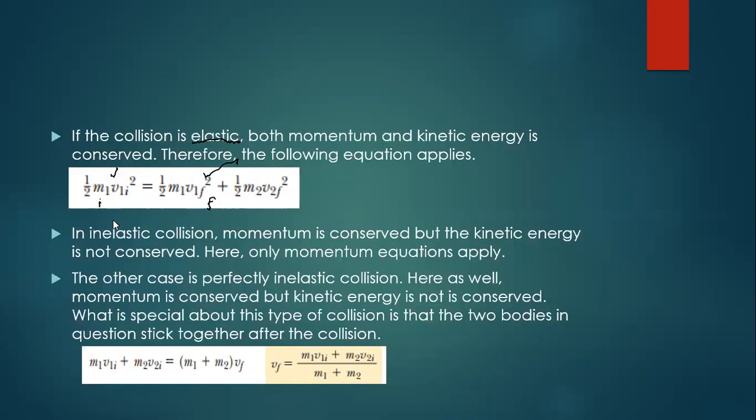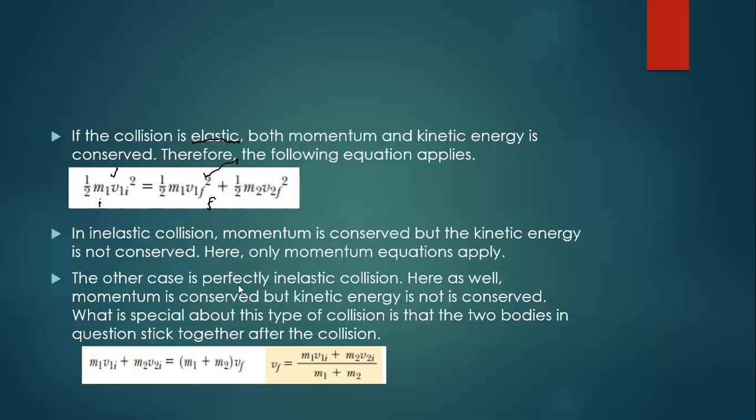But that's what we are saying. We are saying that perfectly in elastic collision, momentum and kinetic energy has to be conserved. So that's what I'm saying. In elastic collision, we have to make sure that kinetic energy is also conserved. But in inelastic collision, only momentum is conserved, kinetic energy is not conserved.